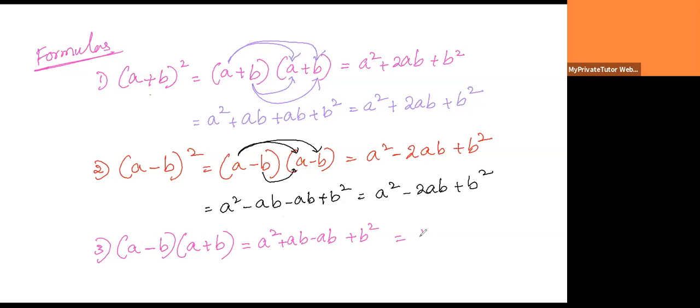In between you can see that ab minus ab cancels out, and we end up getting a square minus b square. So if you get a question in this form, you need to write the factors like this. Is it confusing, guys? Please let me know.